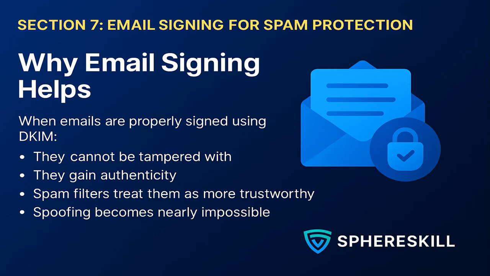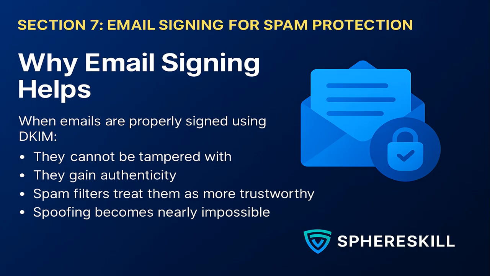Next is email signing for spam protection. This is very important. When we have added the DKIM, that is your DomainKeys Identified Mail with a specific domain identifier name in your DNS, we can instruct the email server to digitally sign the email.